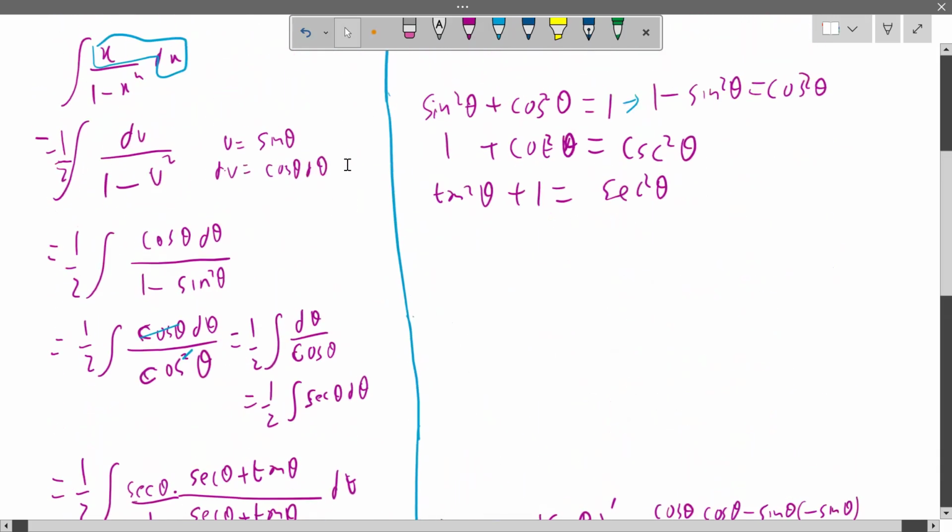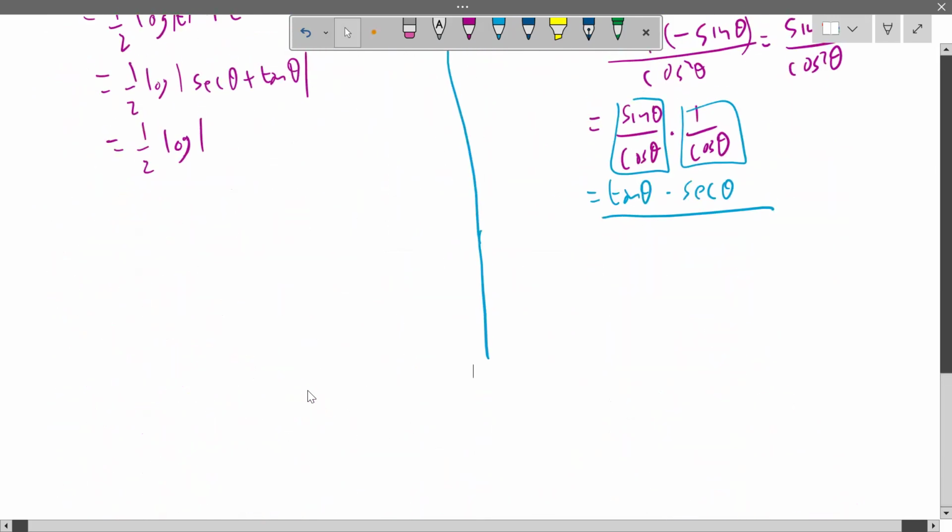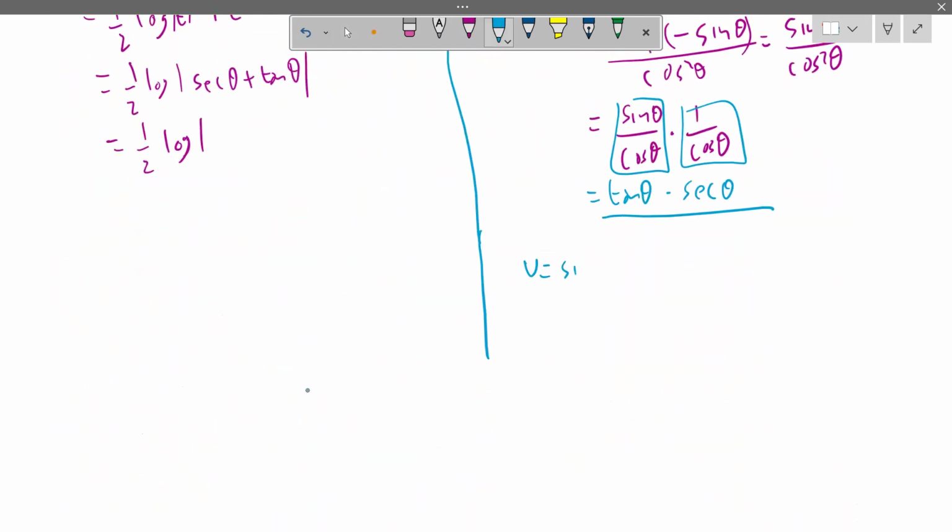Remember that we assumed u to be sine of theta. Because u is equal to sine of theta, we can draw an aiding triangle. If this is theta, then the opposite side would be u, and the hypotenuse is 1, because if we were to evaluate sine of theta, we would get the same result. And the remaining side should be the square root of 1 minus u squared.